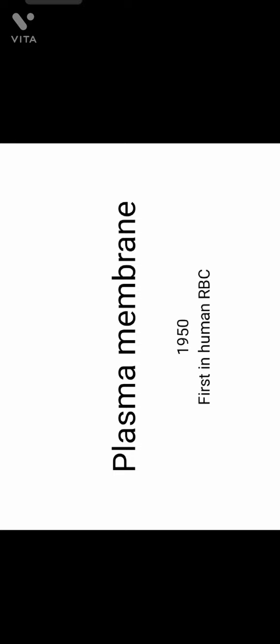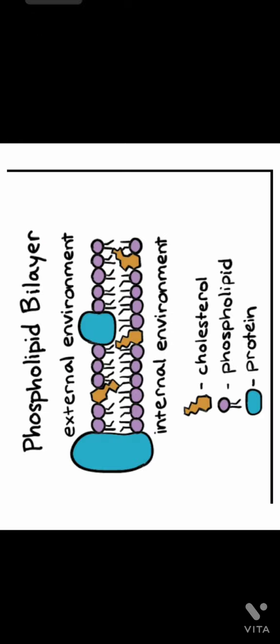Then coming to the cell membrane, it is made up of a bilayer of phosphate groups and lipids, called phospholipids.